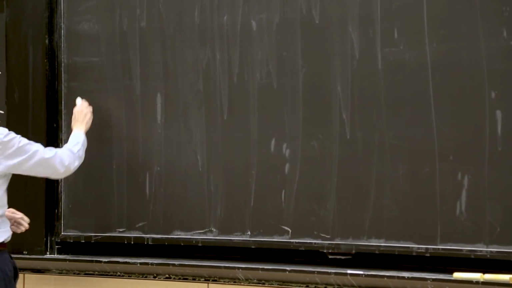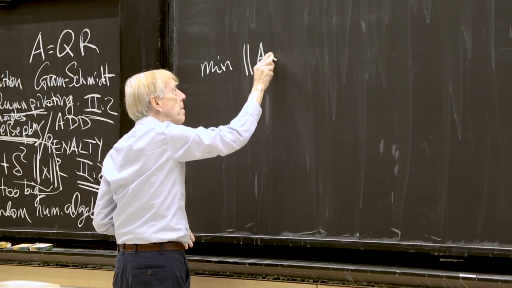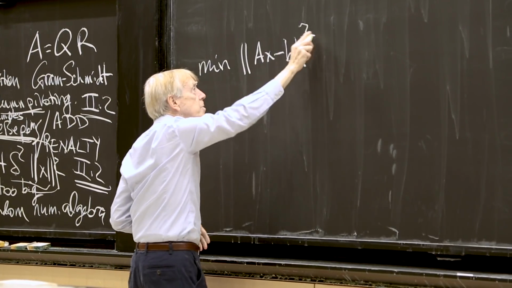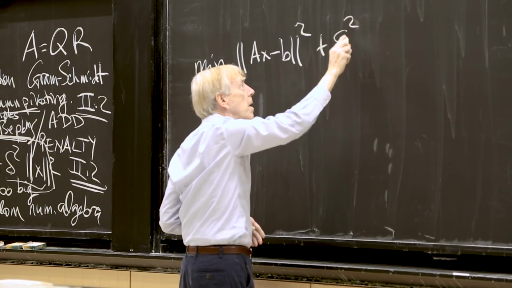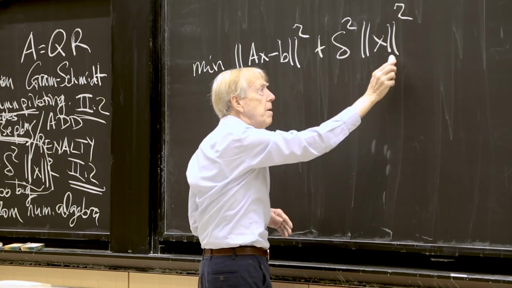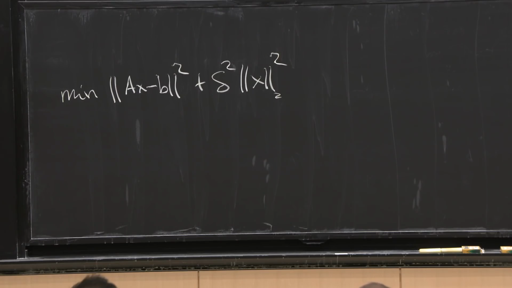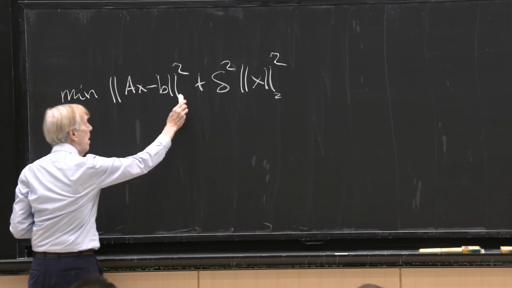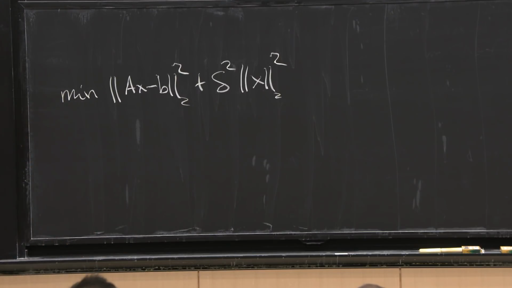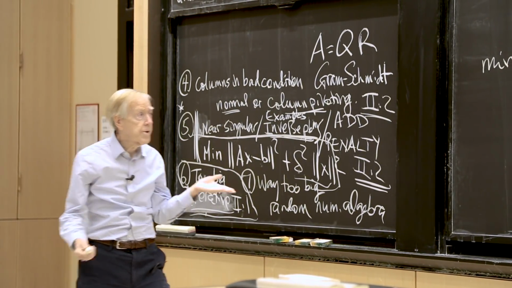Okay. So suppose I minimize the sum of the norm of Ax minus b squared and delta squared times the norm of x squared. I'm going to use the L2 norm. It's going to be a least squares with penalty. So, of course, it's the L2 norm here, too. Suppose I solve that for a delta.